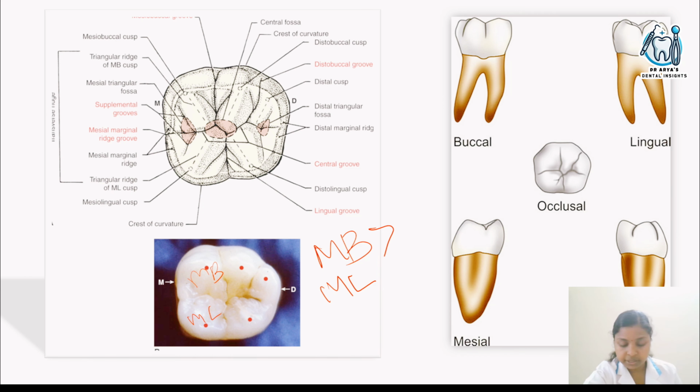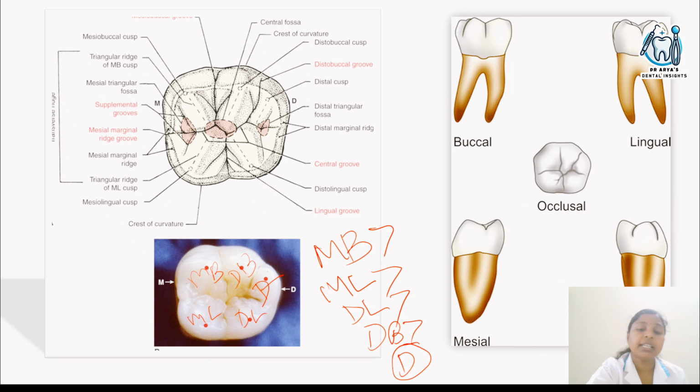Then distolingual is the next one. Then distobuccal. This is the distobuccal, and this is the distal. So distal is the smallest cusp, and mesiobuccal is the largest cusp. This is the smallest cusp.